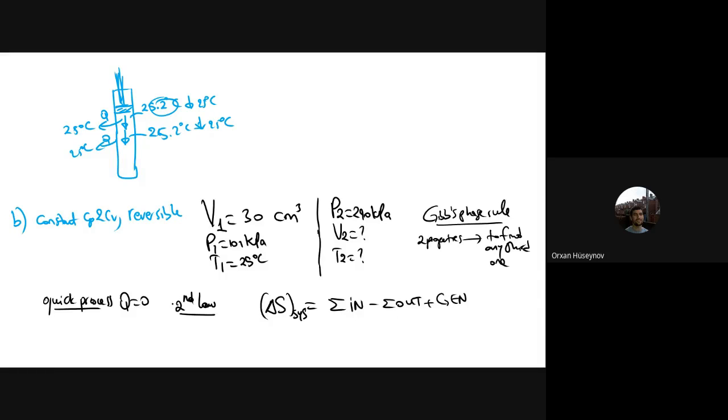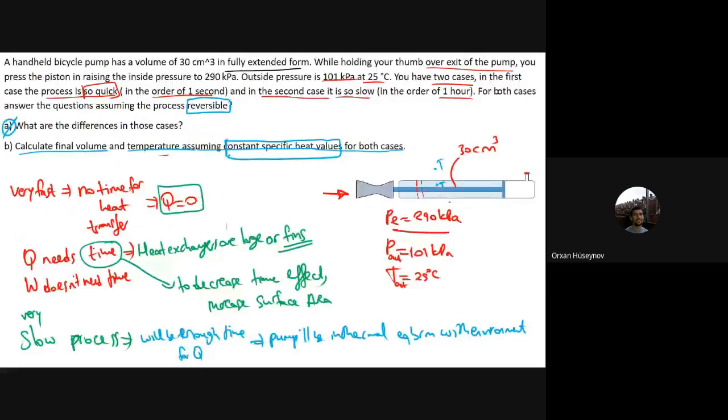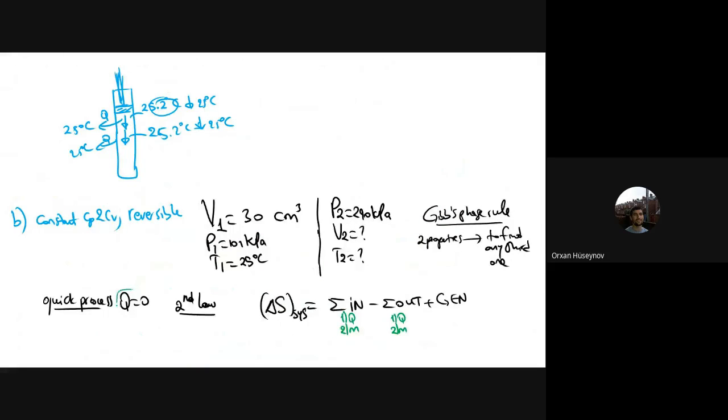And in this question, for in and out of the entropy balance, we have two options: the Q and the mass. Similarly here, we have the Q and we have the mass. For the bike hand pump here, Q is 0, we have said it is the fast process, Q is 0, therefore it is 0.